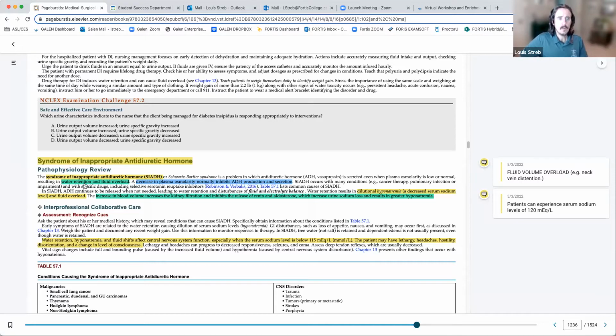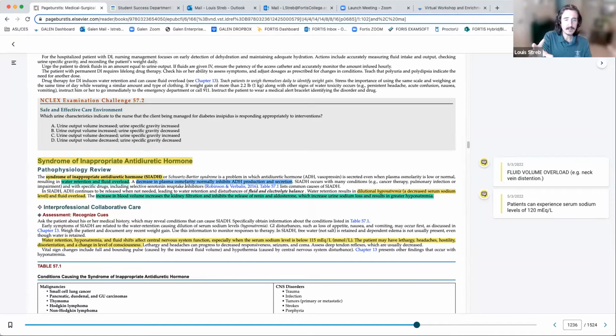All right, so we know this, water retention, fluid volume overload, cool. It's just the opposite. Now your plasma osmolarity may be normal or decreased, right? And it inhibits ADH production and secretion. So a decrease in your plasma osmolarity, this should make sense. If my plasma has a decreased osmolarity, that means I have too much fluid because it's diluted.